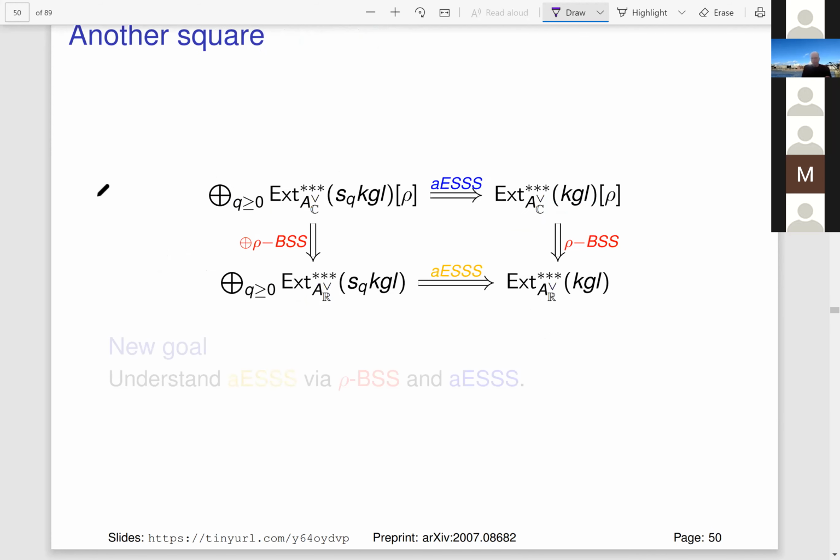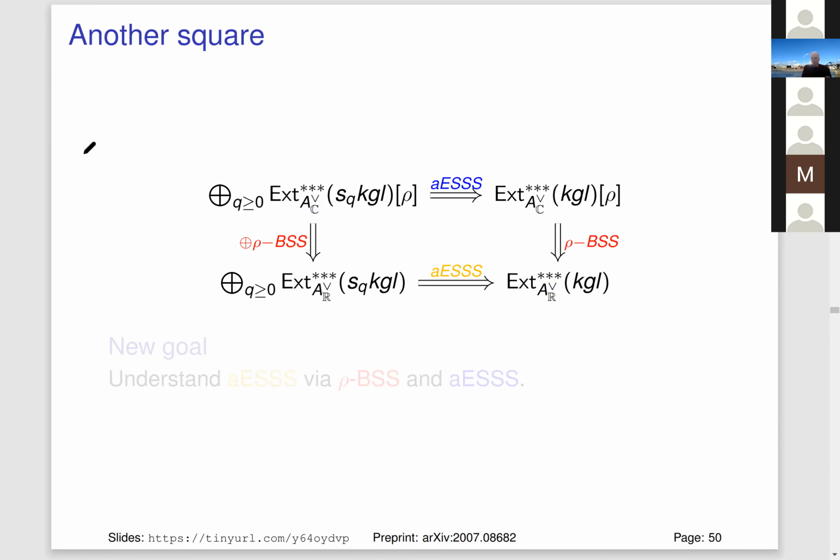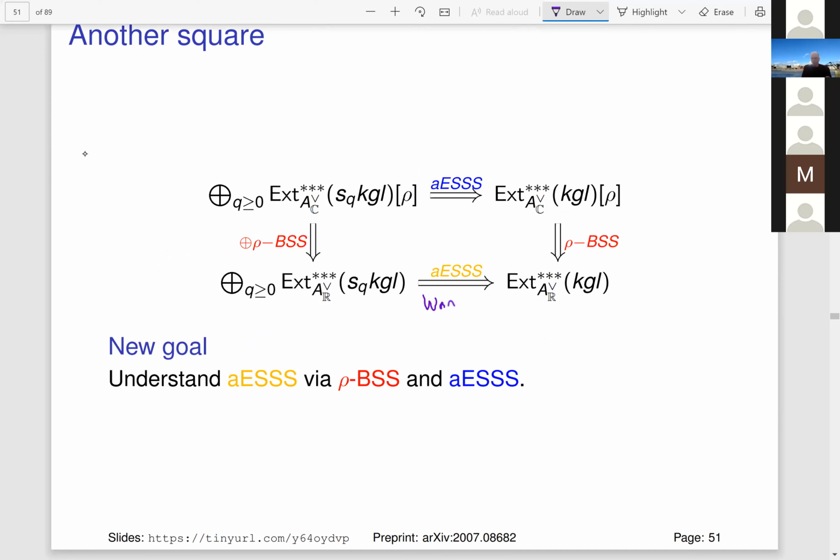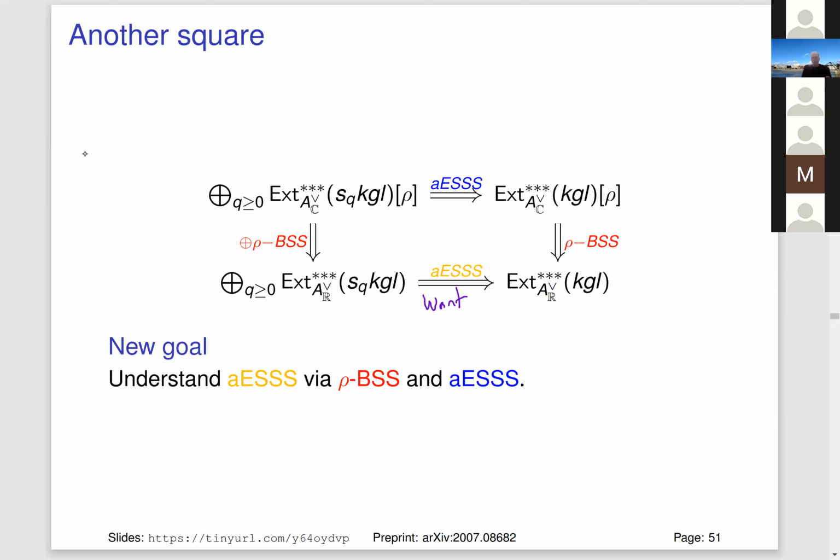All right, of course, how are we going to understand Ext except by using another square? So here's what we want. We want to understand this algebraic effective slice spectral sequence over the real numbers, but that might be too hard also. So instead, we can work over the complex numbers.